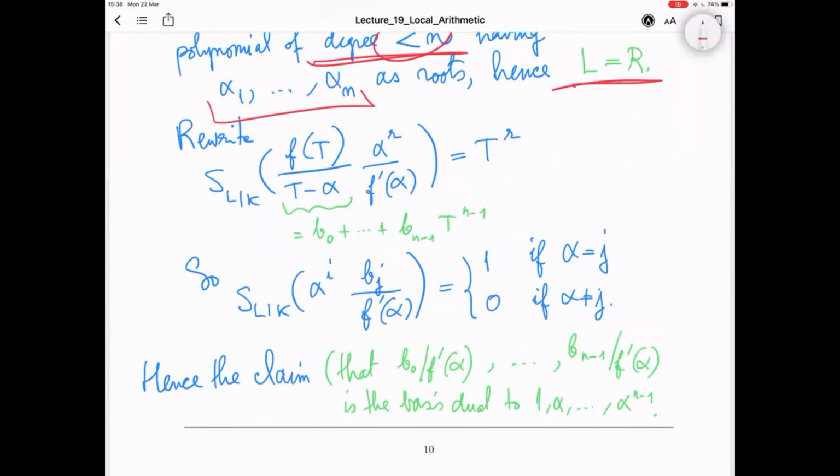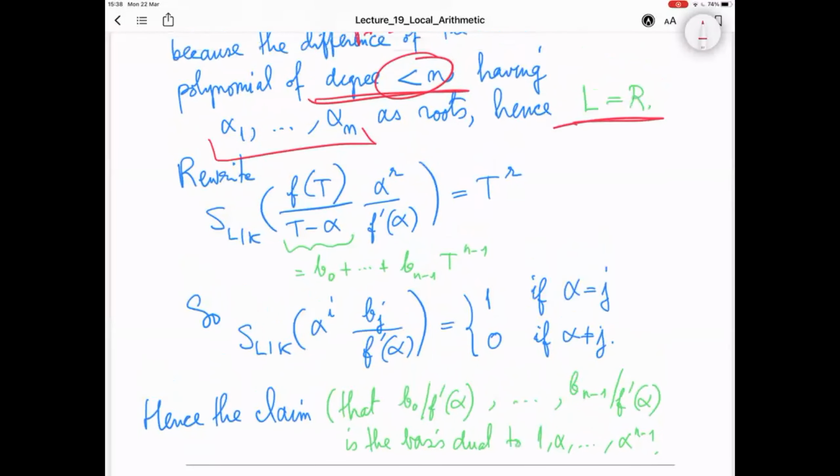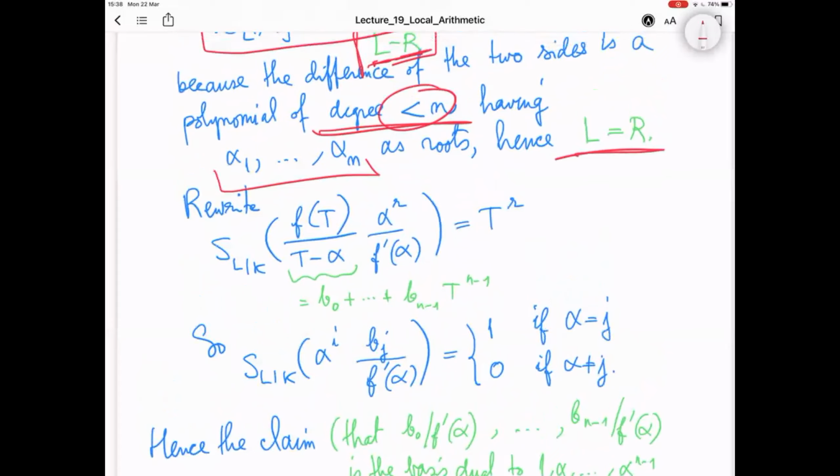I mean, well, what was I saying? Yeah, I was saying that we have proved this, and this can be written as the trace of this thing is equal to t to the r.